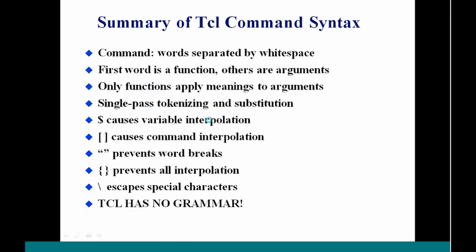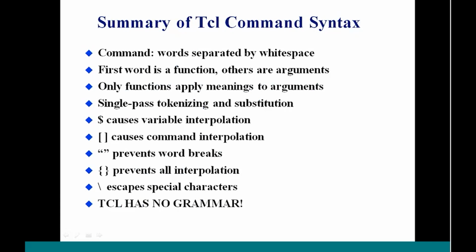So now we'll go into the command syntax. In Tcl, what we learned was the commands are words separated by white space, as shown here, and the first word is a function and all the others are arguments.